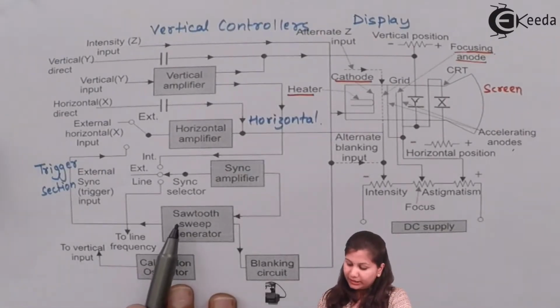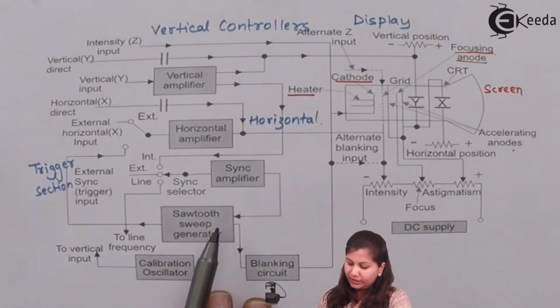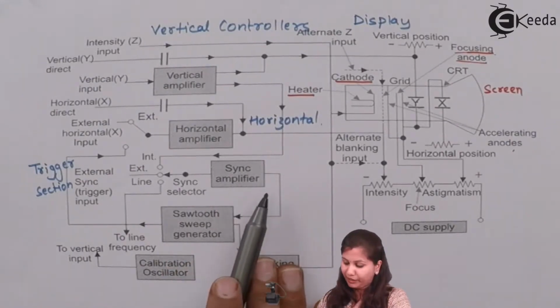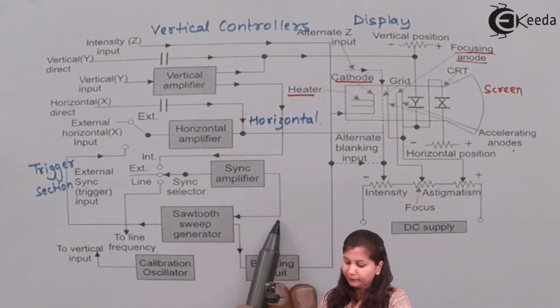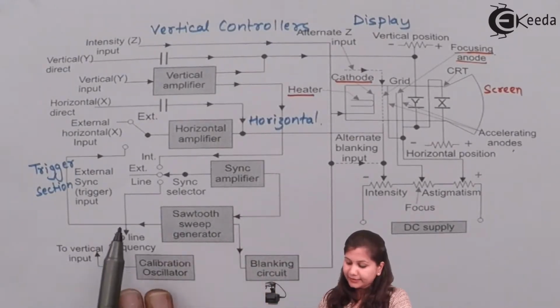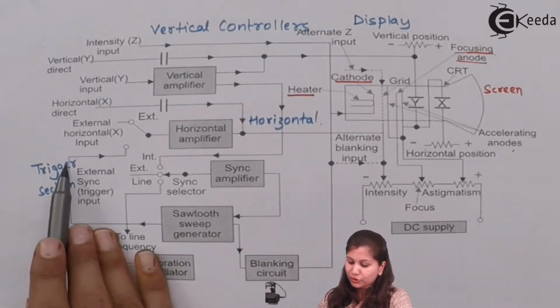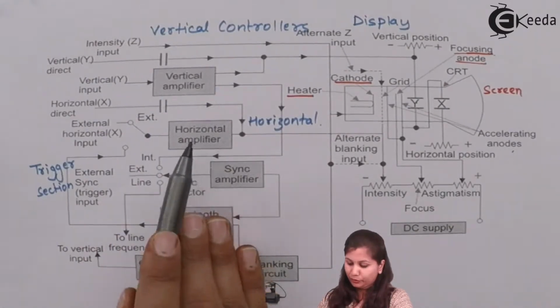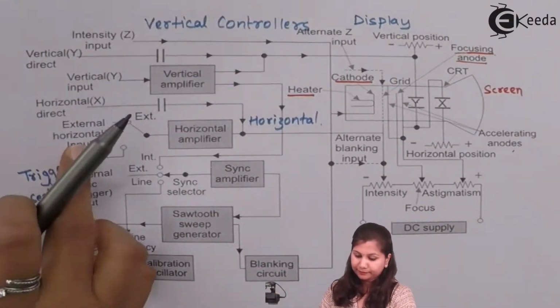The sawtooth sweep generator is triggered by this synchronization amplifier. It is getting the input from this and providing an output which is used to trigger the horizontal amplifier.